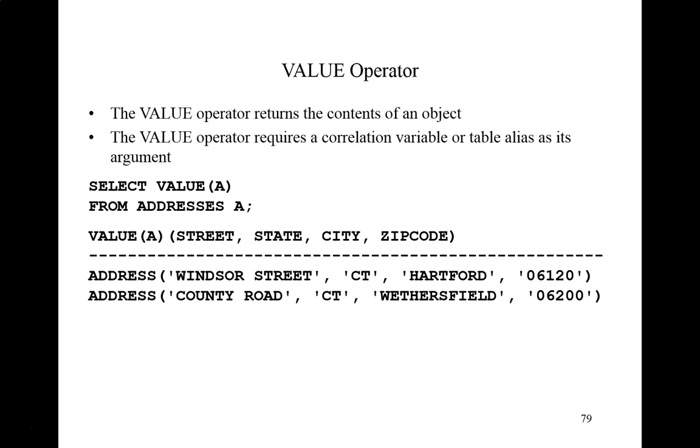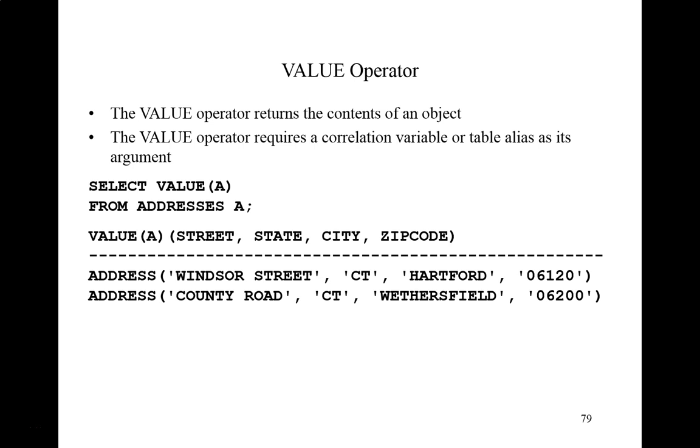Examining the output of the value operator compared with the output of the deref operator, we see no difference. And that's correct. The two functions produce the same output. The difference between deref and value is not the output. They produce the same result.